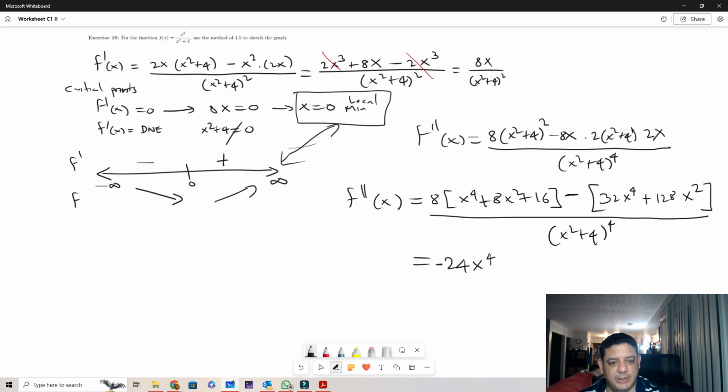And then we have 64 here, and this is 128, so this is going to be minus 64 x squared. And then we're going to have this plus 16.